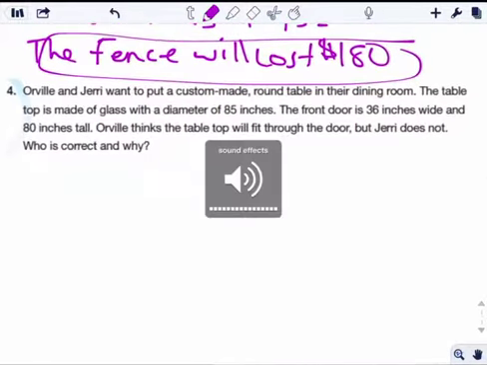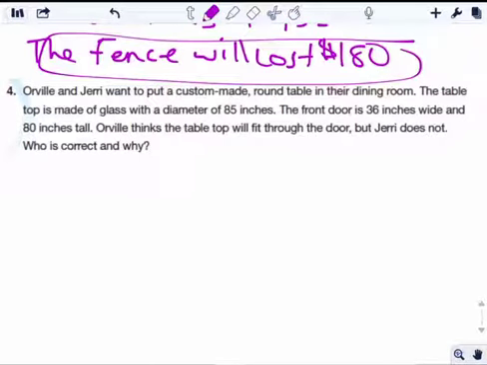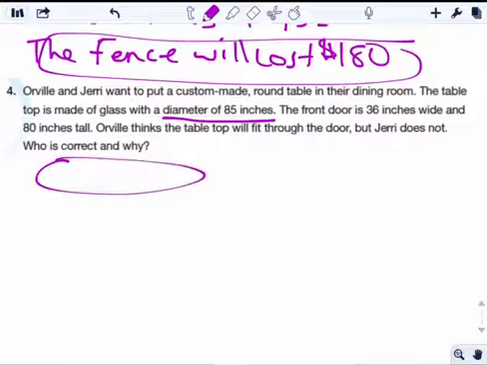Orville and Jerry want to put a custom-made round table in their dining room. The tabletop is made of glass with a diameter of 85 inches.